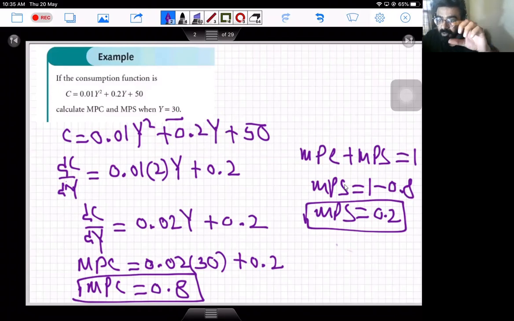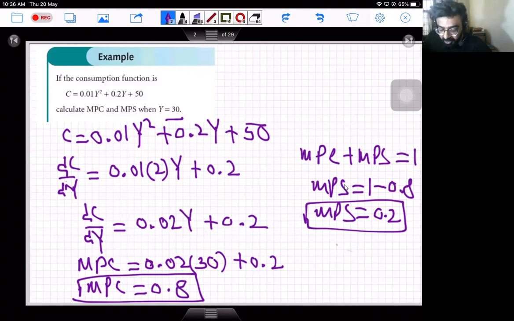Because when the income is increased by 1 unit, some portion of that unit goes towards consumption, and some portion is attributed towards saving. So the increase of one unit in the level of income, this one, is equal to the sum of MPC and MPS.